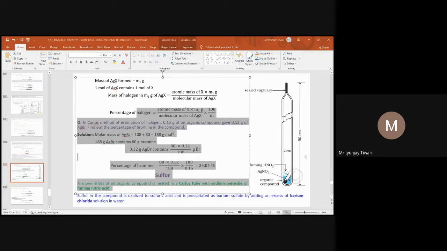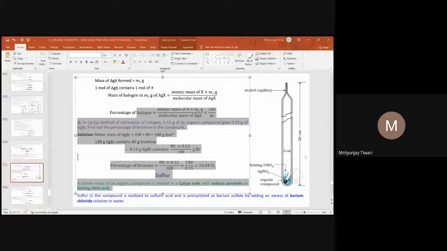So in place of 31, we will have to write 2 into 31, because 2 moles of phosphorus are there in this compound, and 2 into 31 is 62, into M1, where M1 is the mass of Mg2P2O7, divided by the molar mass of Mg2P2O7. This gives the total mass of phosphorus present in the organic compound. Divide that mass by M and multiply with 100, and we get the percentage of phosphorus present in the organic compound.